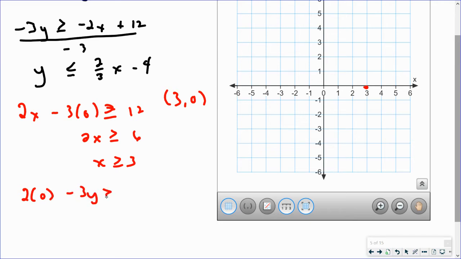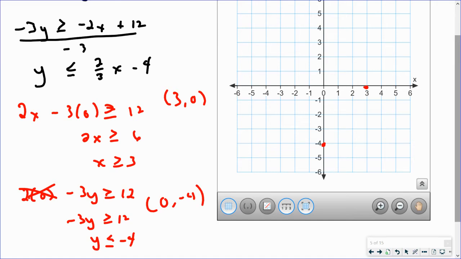And it doesn't matter what this symbol is, I always treat it as an equal sign. This goes away, so -3y is greater than or equal to 12. Y is less than or equal to -4. So I'm going to go down here to -4, put it down. All I'm looking for is that point, because this is 0, -4.